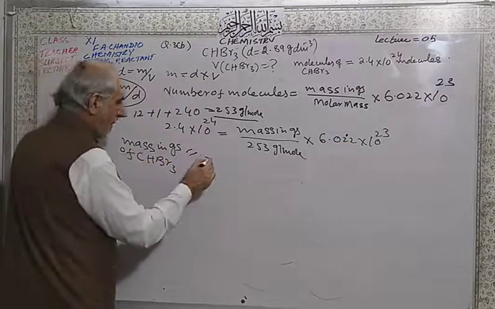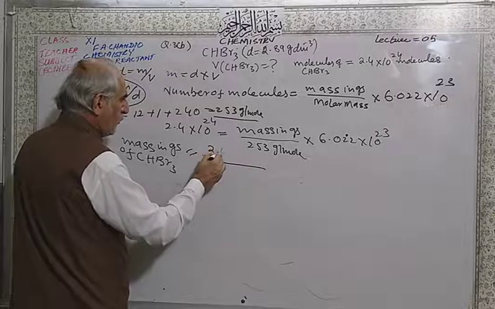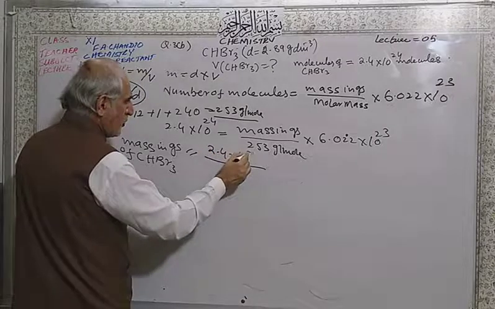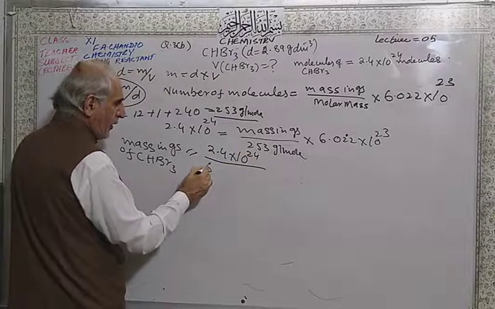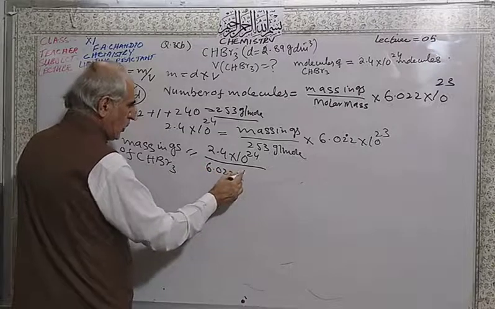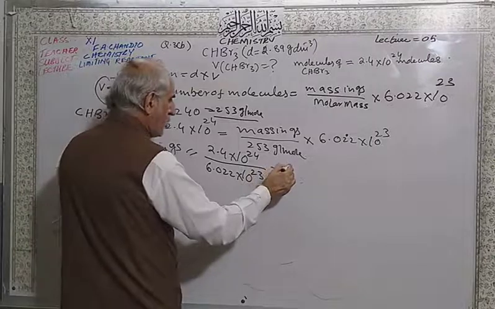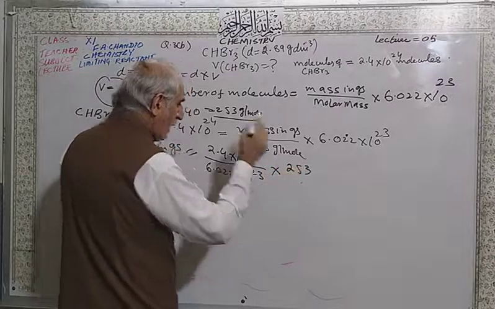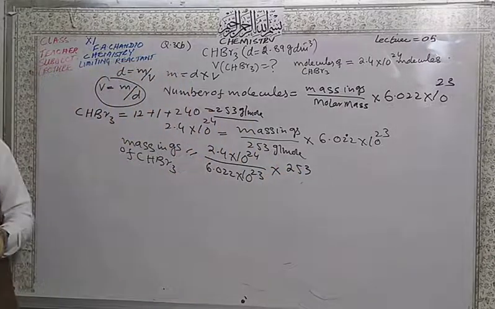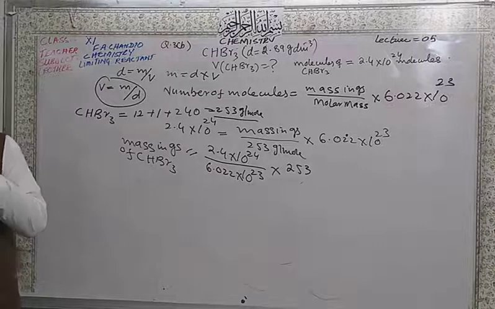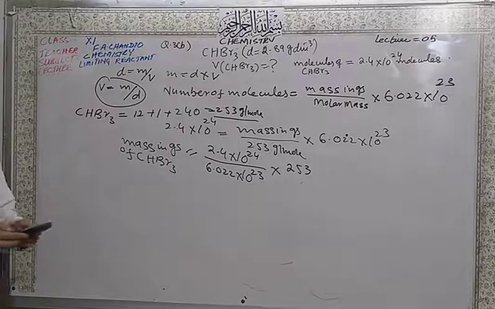So 2.4 into 10 to the power 24 divided by 6.022 into 10 to the power 23 multiplied by 253. You have to calculate it now.